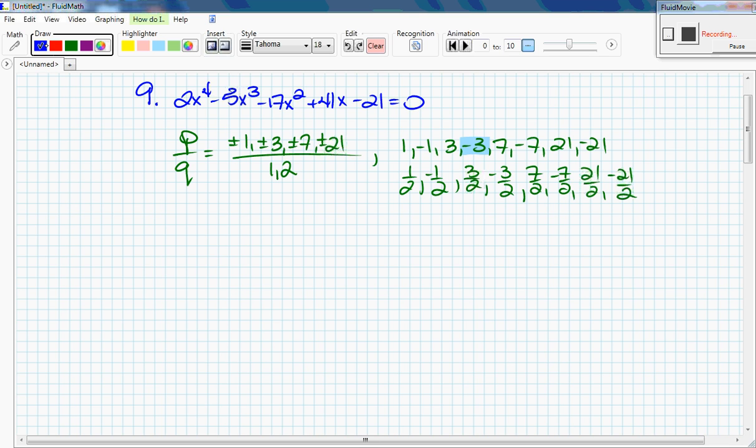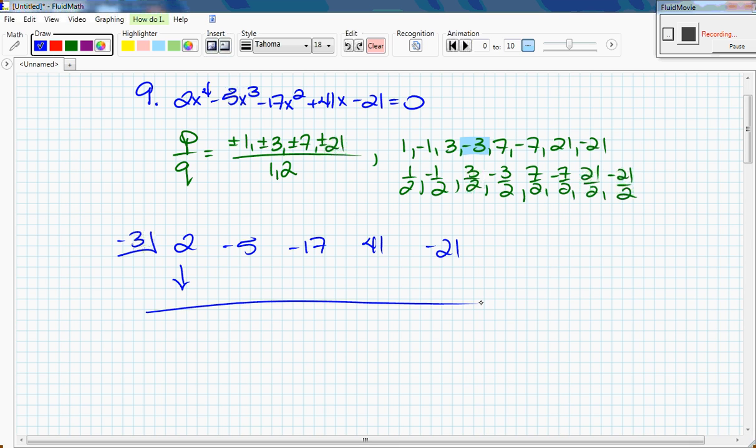What we can do with that now using either synthetic division or long division, I would recommend synthetic division. If we would take this, we would divide out this 0. Now we should have a remainder of 0. Okay, bring down the first coefficient, multiply, add those together, multiply, add those together, multiply, add those together, multiply.